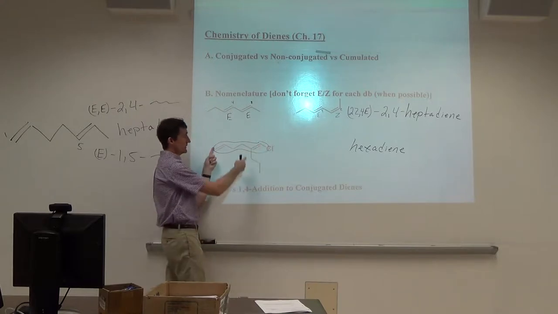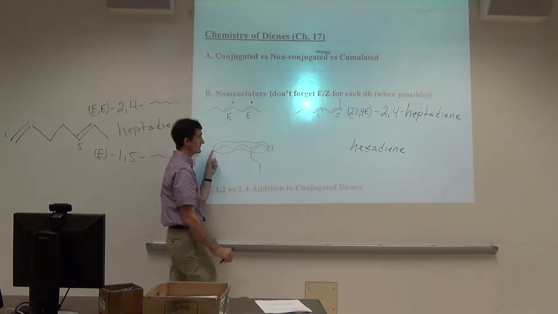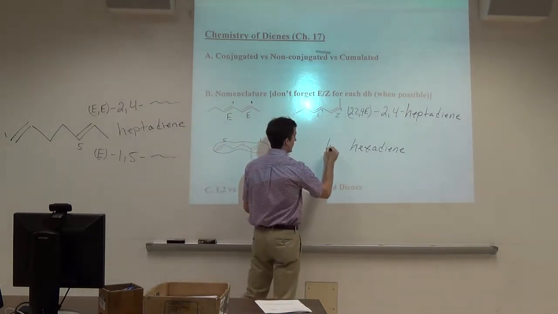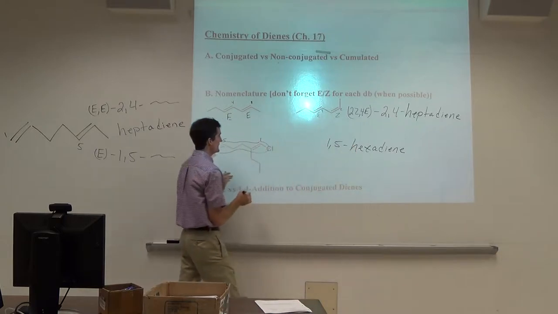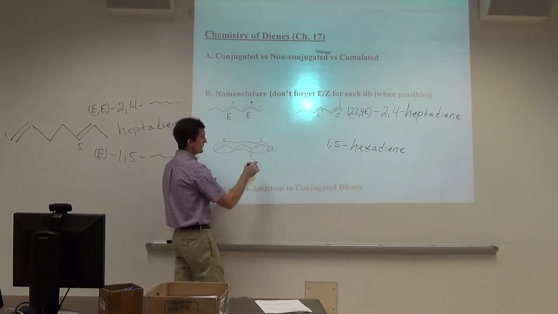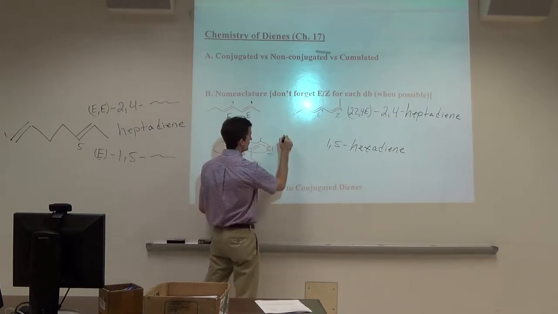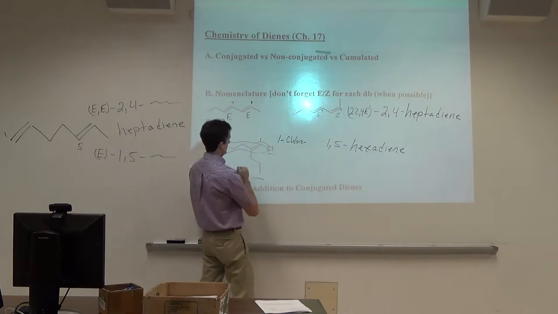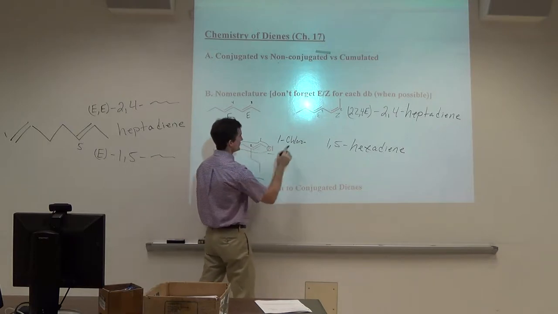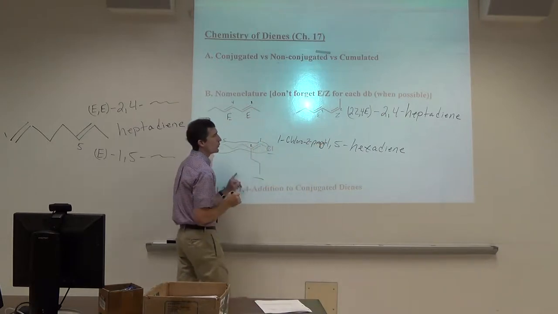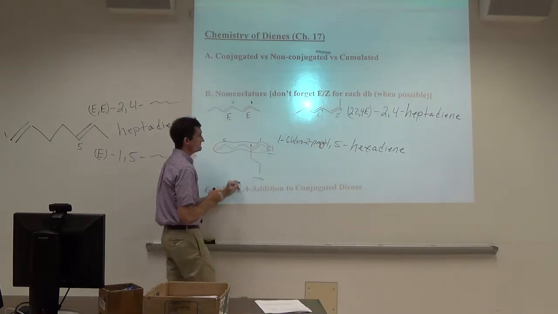If we're here, the subs would be higher numbers. So I'm going to say this is 1 and that's 5. 1, 5 hexadiene. What's on that? I have a chlorine and a propyl, alphabetical order. 1 chloro. 2, what's at the 2? 2 propyl dash 1, 5 hexadiene.